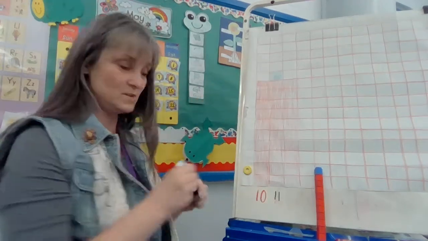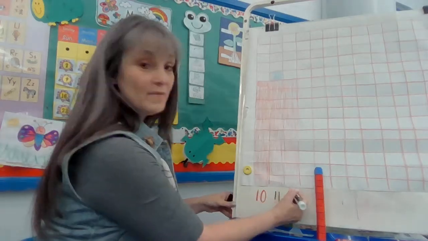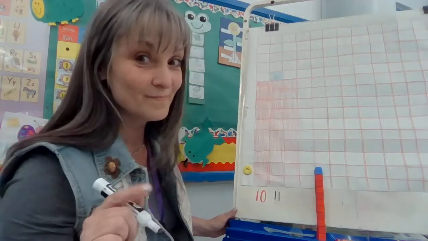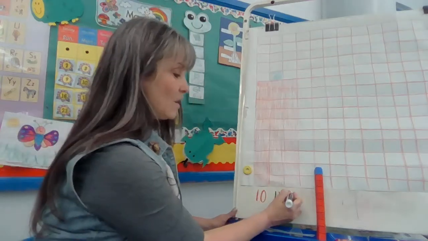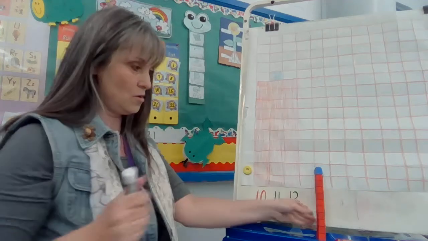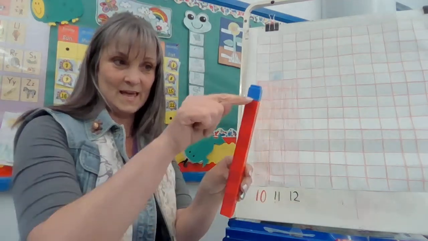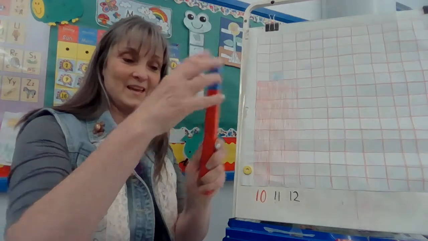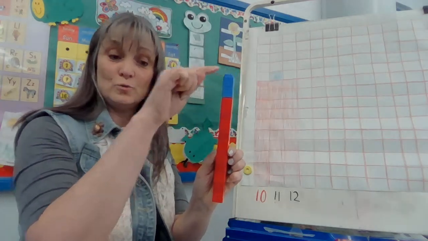So down here, let's go to the next one. I have 10, 11, and I'm going to do 12. How do you write 12? Were you brave? Did you say it? 1, 2. So 10 and 1 makes 11. Now I have 10 and 2.